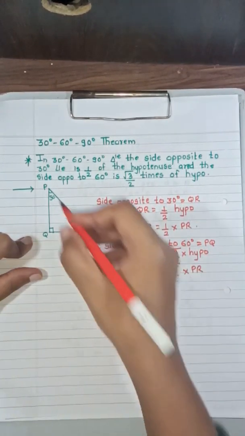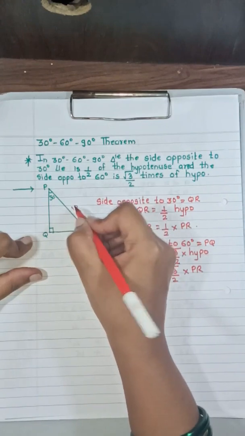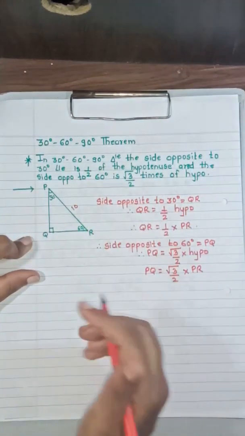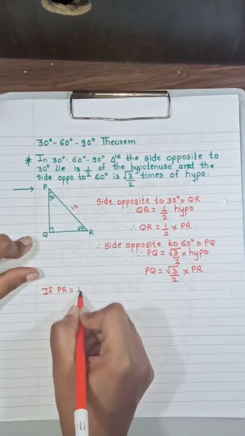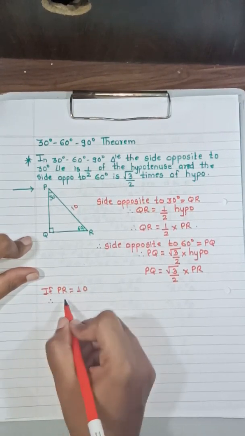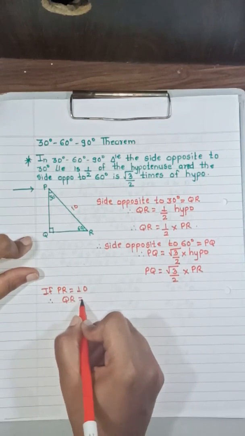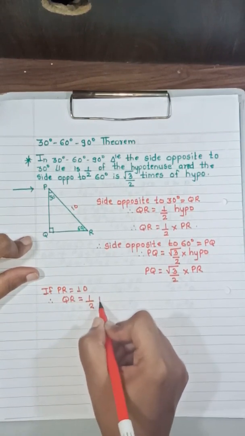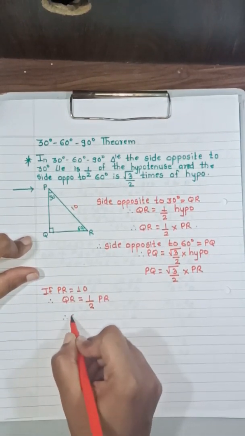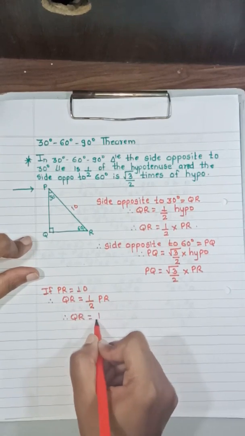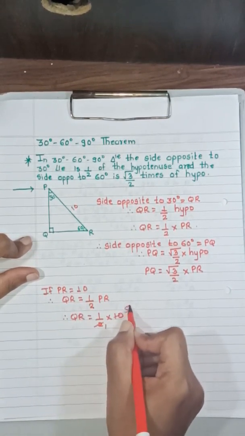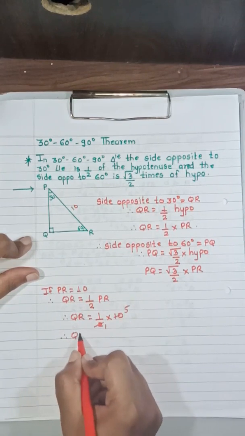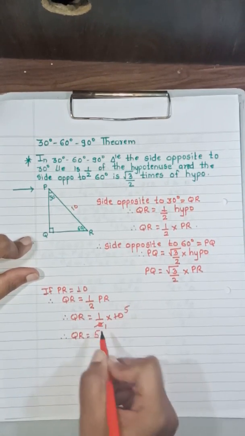Now suppose PR is 10. If PR is 10, then QR is equal to half of PR. Therefore QR is equal to half multiplied by 10. So 2 ones are 2, 2 fives are 10. Therefore QR is equal to 5.